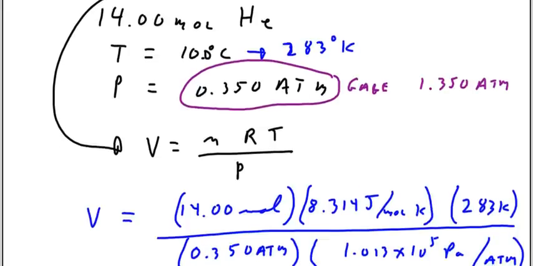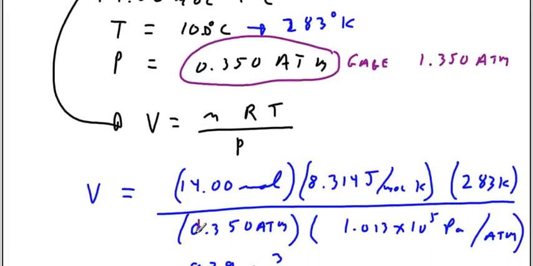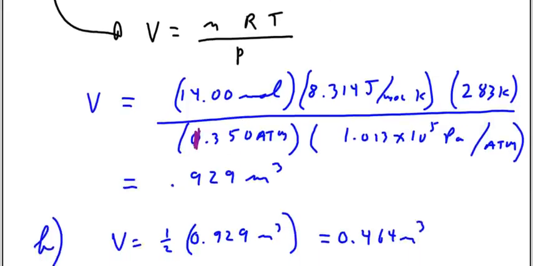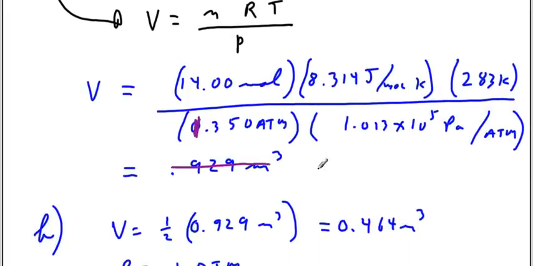Then we come back here, and this is 1.350. And my volume when I get done is 0.2410 meters cubed, and half of it is going to be 0.1205 meters cubed.